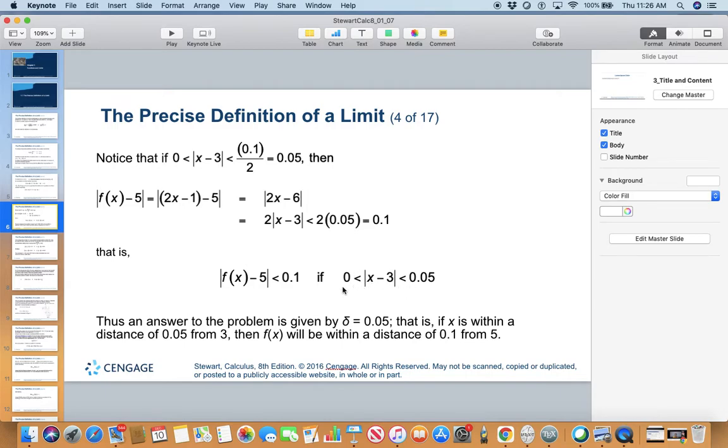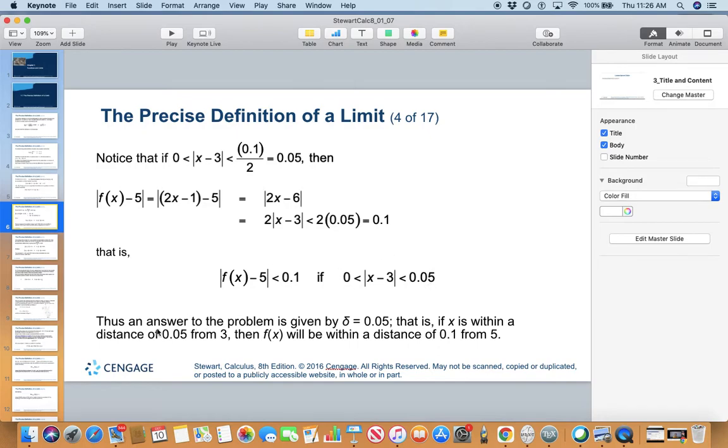That's why we first assumed this, which resulted in this. Okay, assuming this resulted in this. In other words, this will happen if this holds.